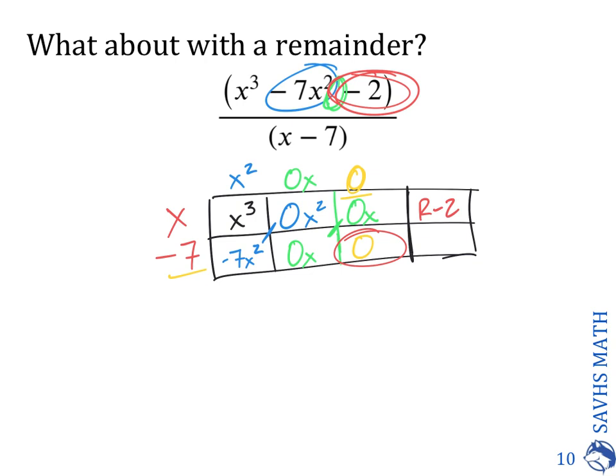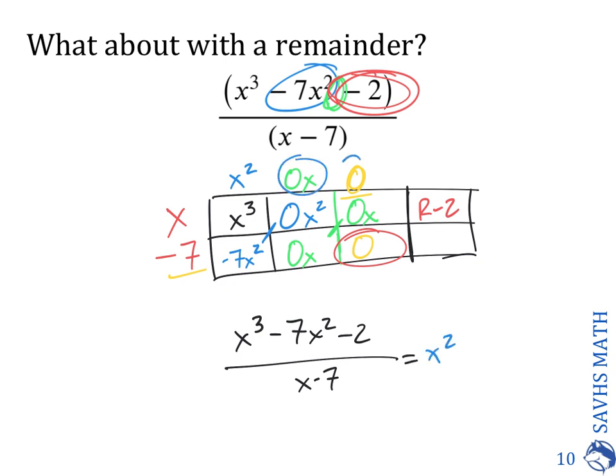So what I can say is x cubed minus 7x squared minus 2 divided by x minus 7 is equal to x squared, and then I don't really have to write these two things because they're both 0, but then I have to say remainder negative 2.